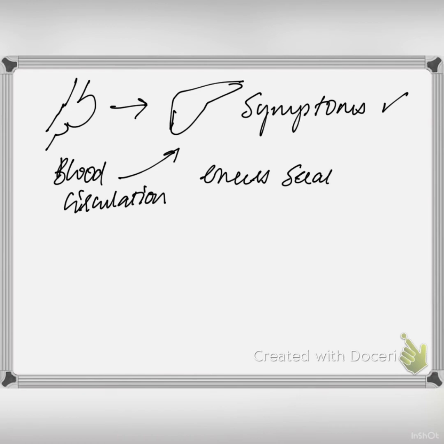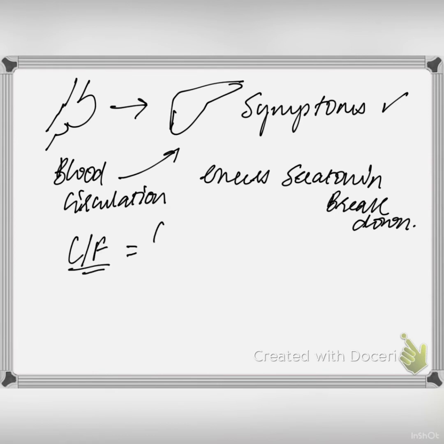But as the serotonin is being released in large amounts, some of it enters the bloodstream and causes symptoms. So what are the clinical features and symptoms because of increased serotonin levels?